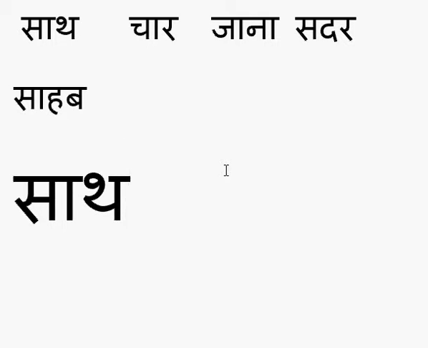And remember, with the th sound, the default vowel R is dropped, so together this becomes Saat. Okay, very good. So now let's look at the next one.